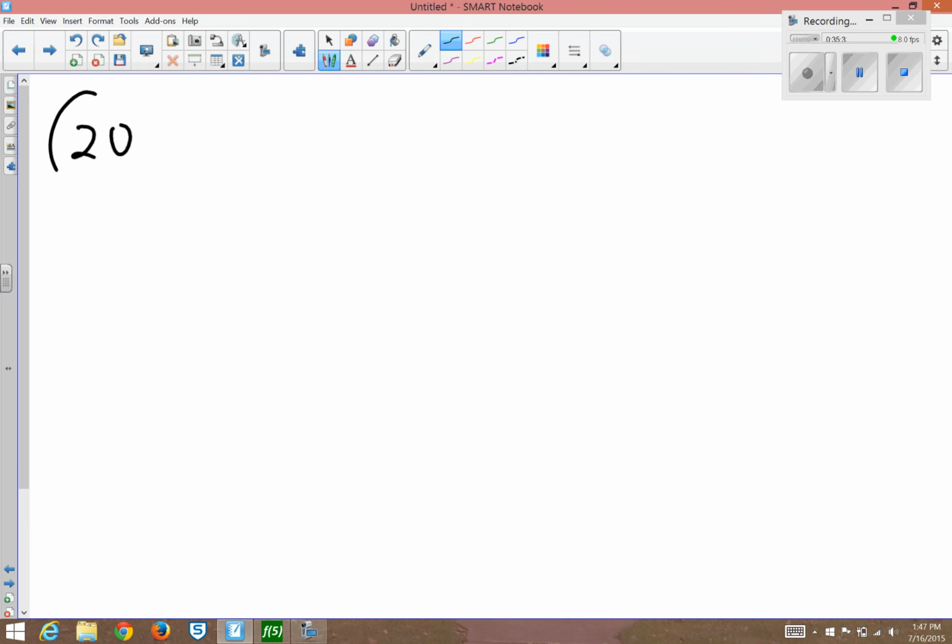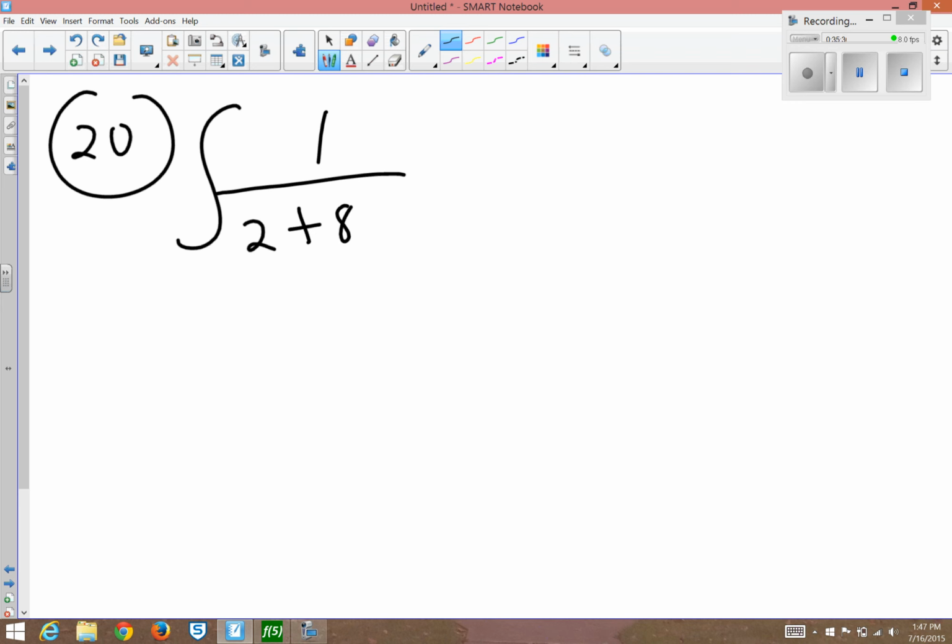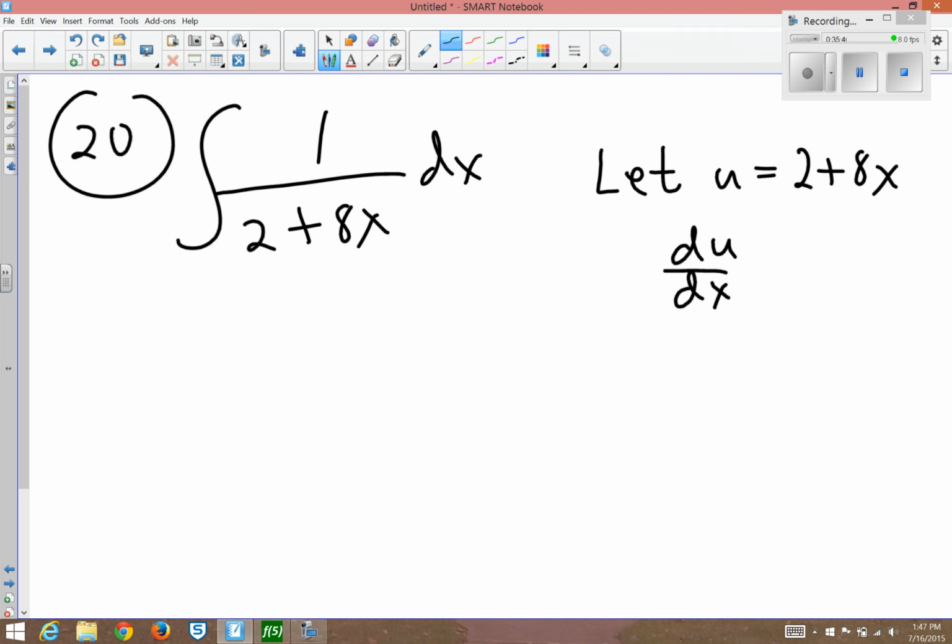Number 20. The integral of 1 over 2 plus 8x dx. I'm going to let u equal 2 plus 8x. The derivative of u with respect to x is 0 plus 8, so du equals 8 times dx.